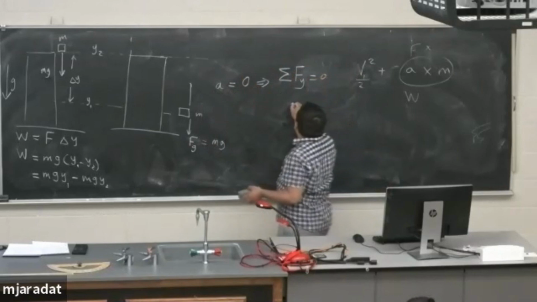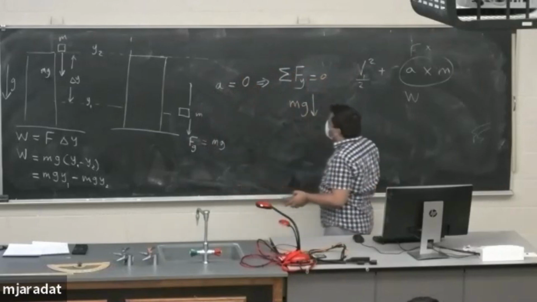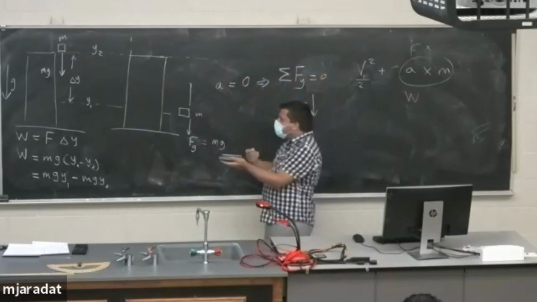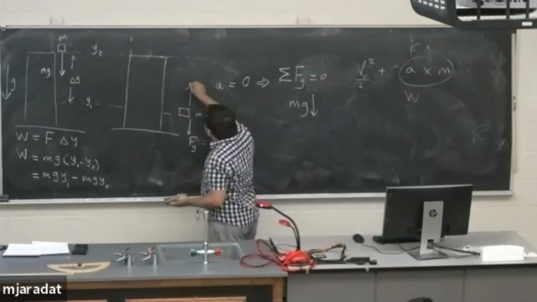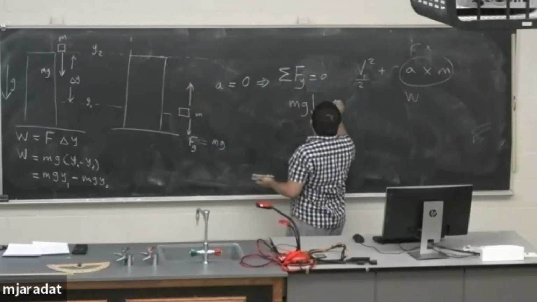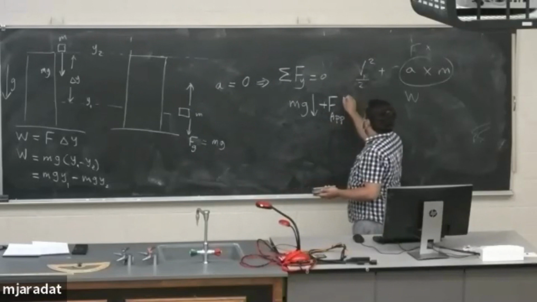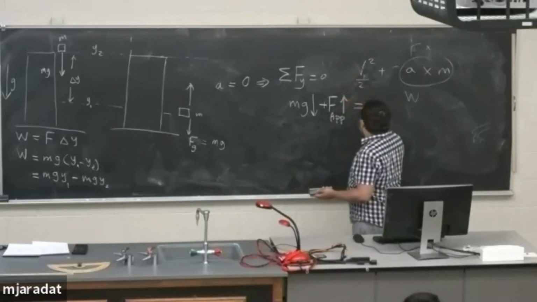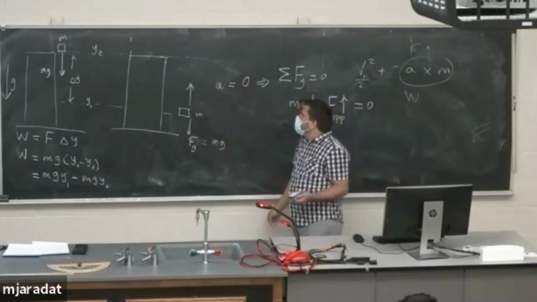We have mg downward. We need another force done by us to lift the object upward, plus F applied by us, which is upward, and the sum should be equal to 0, because the acceleration is 0.